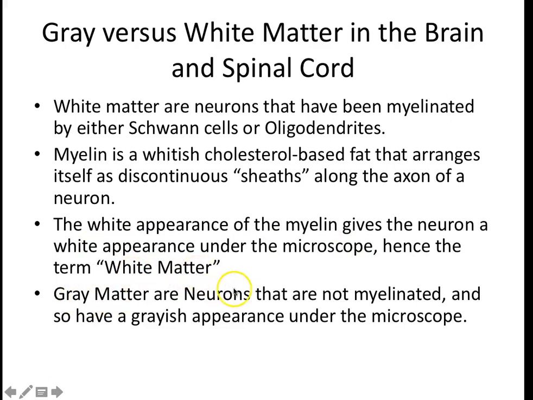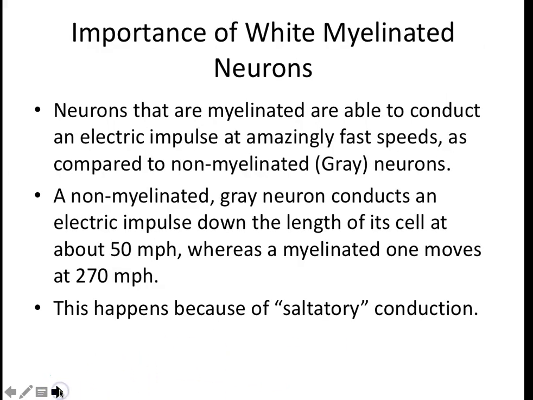Gray matter are neurons that are not myelinated, and they have a grayish appearance under the microscope. What we're going to find out in a second is that gray matter conducts electric impulses slowly, and white matter is neurons that can conduct an electrical impulse very quickly, very fast. So how does that happen?